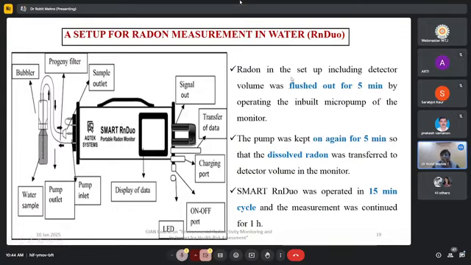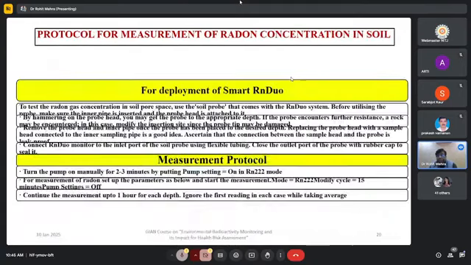If you want to measure in water, the detector volume in the setup was flushed for 5 minutes. Then the pump was run again for 5 minutes so that the dissolved radon gets transferred to the detector itself. It was operated for nearly 15 minutes to 1 hour, and then you get the final results.